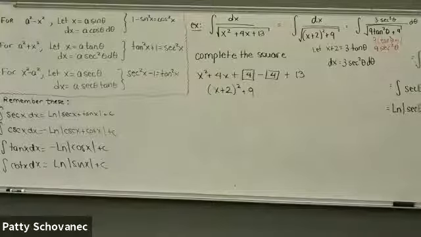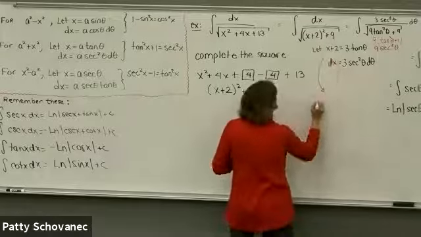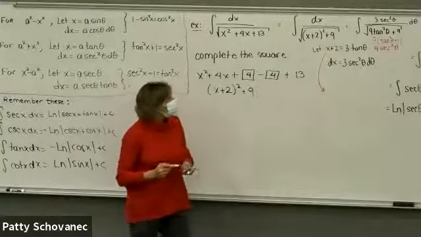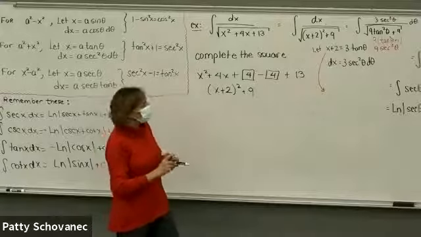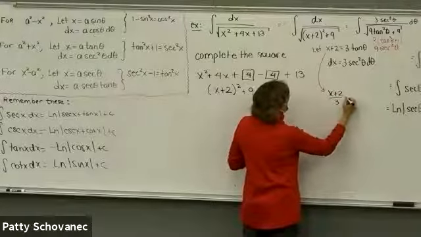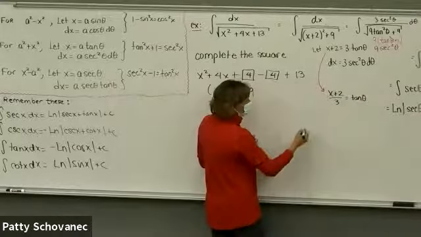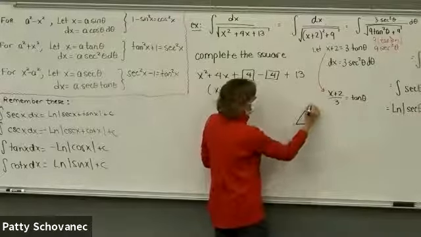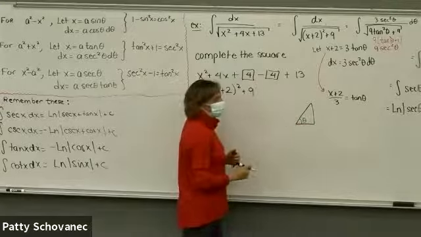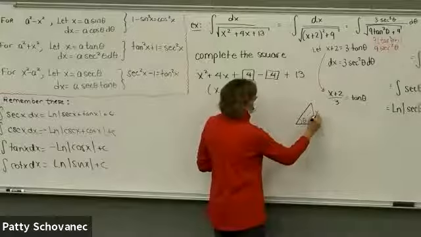Now let's go back and do that in terms of the original variables. We're going to find it from the original substitution. Solve that equation for the tangent of theta. Tangent of theta will be x plus 2 divided by 3. And in the picture, tangent again is opposite over adjacent. So this is x plus 2.